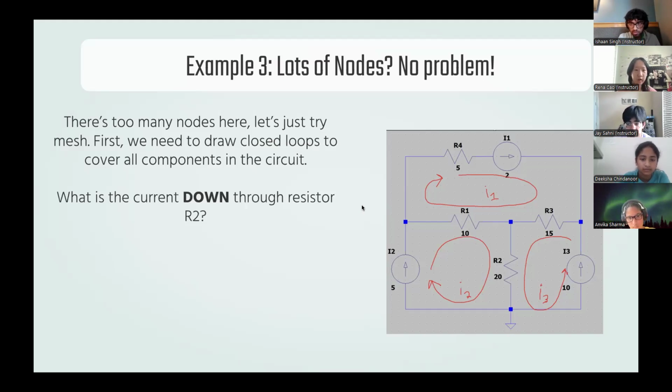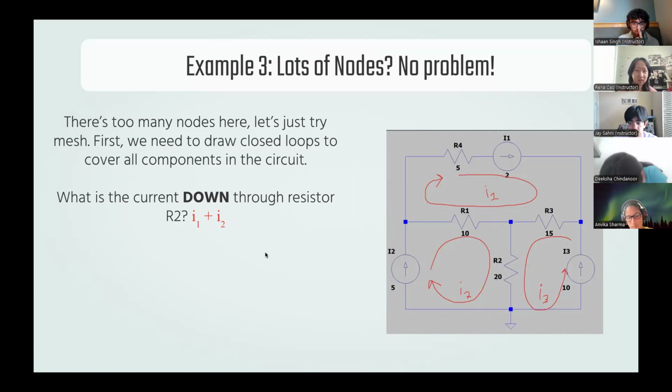So what is the current down resistor 2? Just type in the chat. Yeah, it should be I2 plus I3.